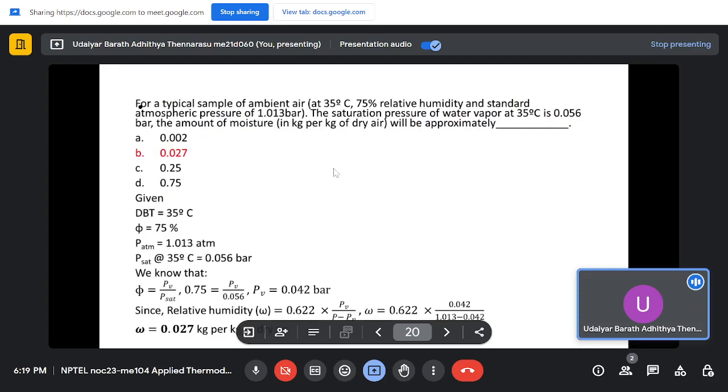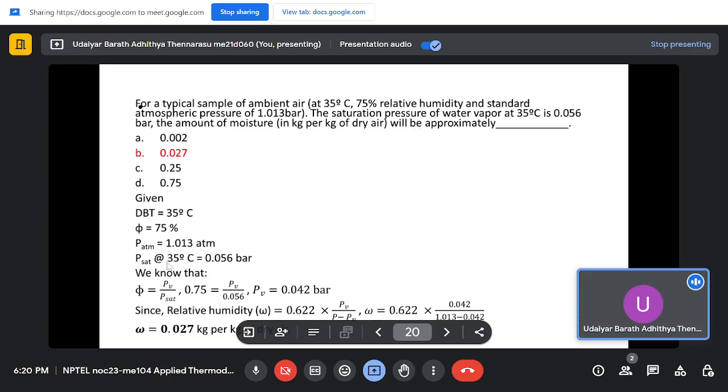So what is known is your dry bulb temperature 35 degrees Celsius, relative humidity, RH however you can denote it, is 75%, your atmospheric pressure is 1.013 bar, and your saturation pressure at 35 degrees Celsius is 0.056 bar.